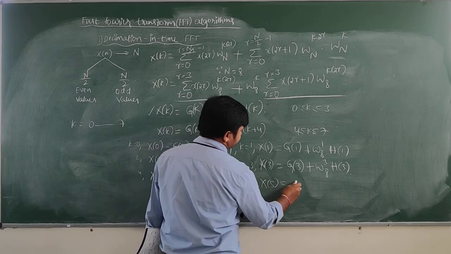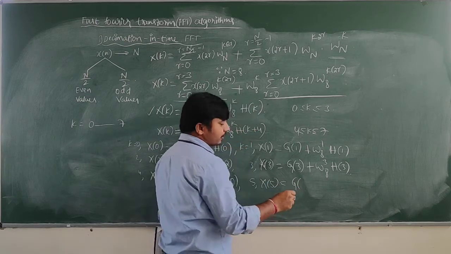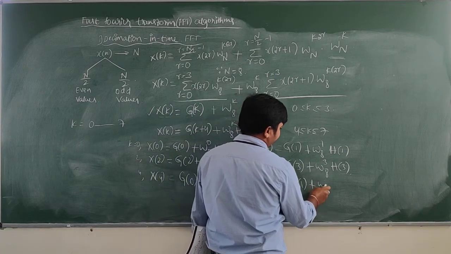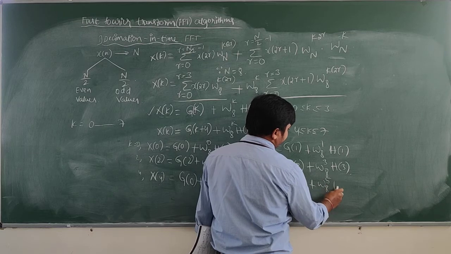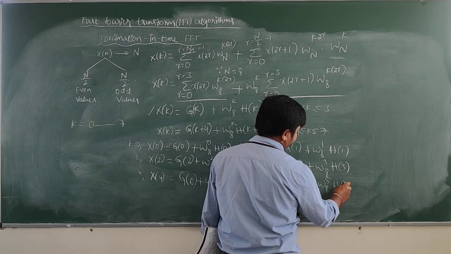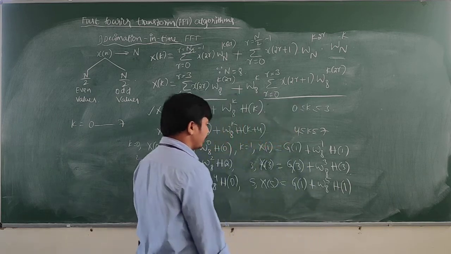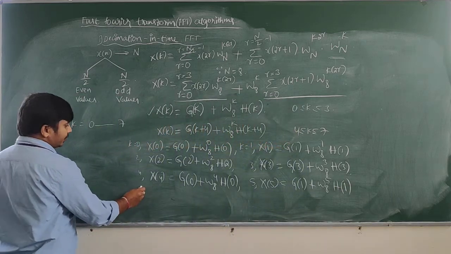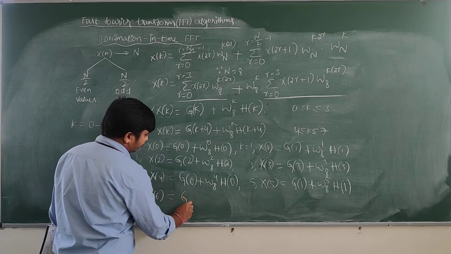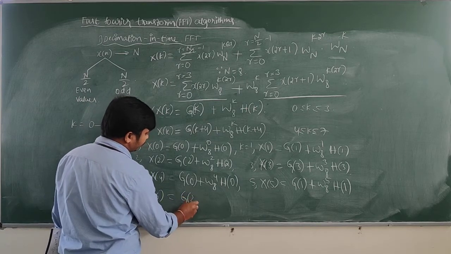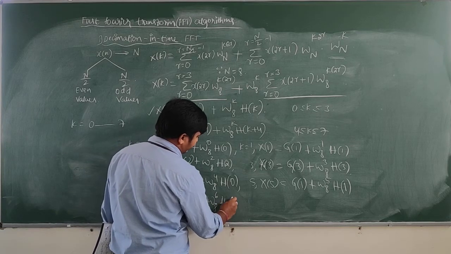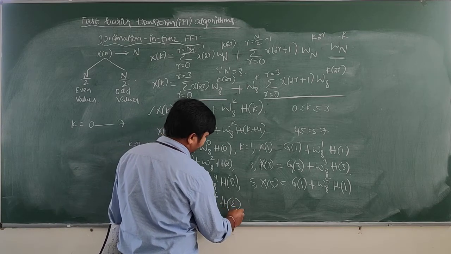Now put k is equal to 5: X of 5 is equal to g of 5 minus 4, which is 1, plus W8 power 5 into h of 1. Now put k is equal to 6: X of 6 is equal to g of 2 plus W8 power 6 into h of 2.